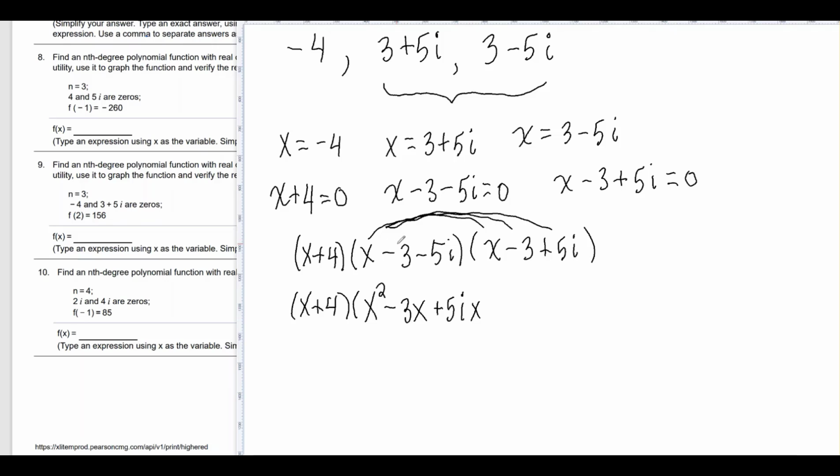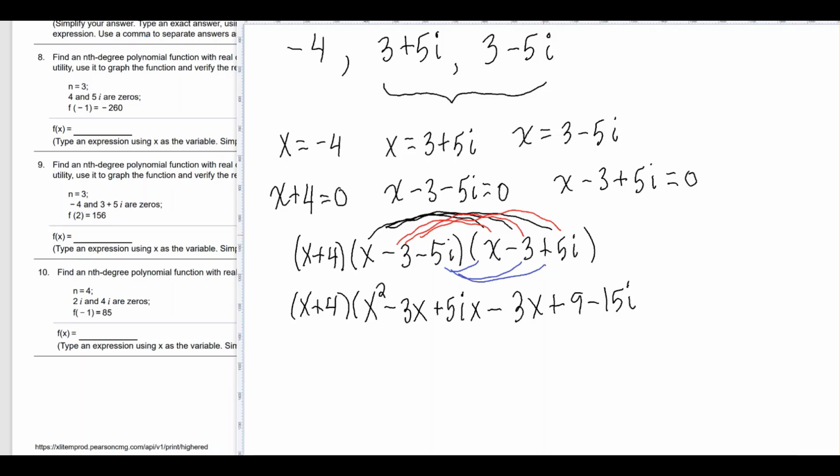Now I've got to come back and do minus 3 times everything. That's going to give me minus 3x plus 9 minus 15i. And then finally I need to come back and do the minus 5i times all of them.